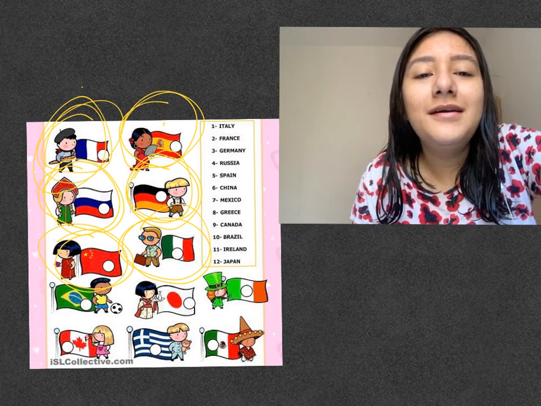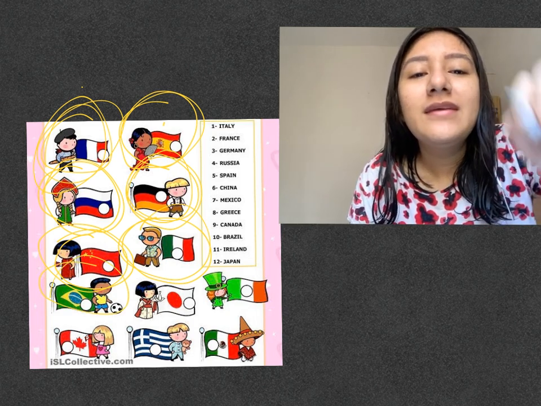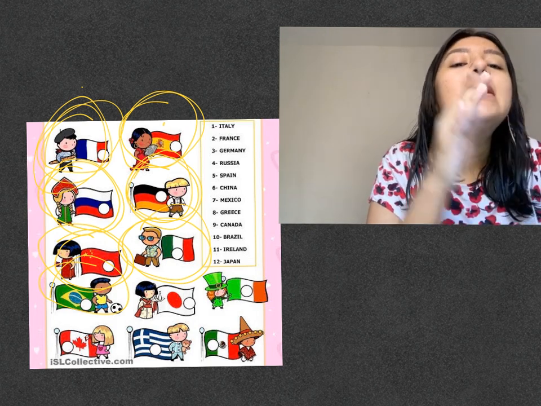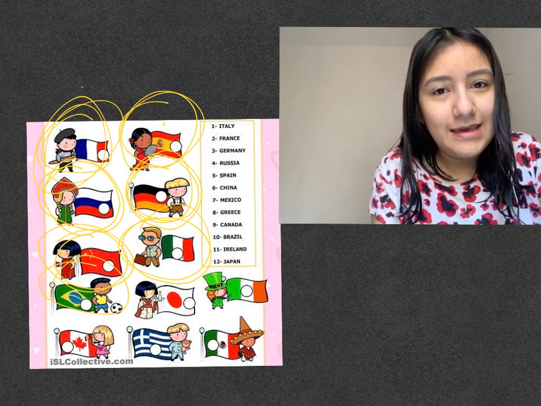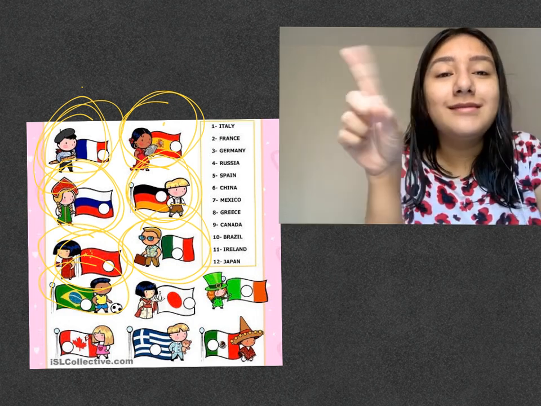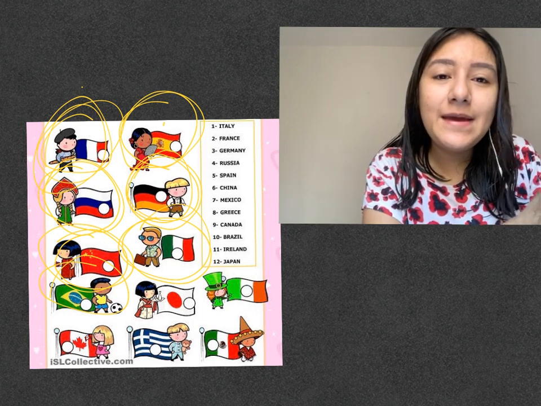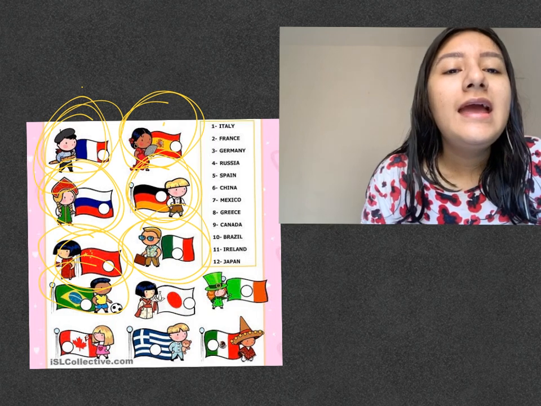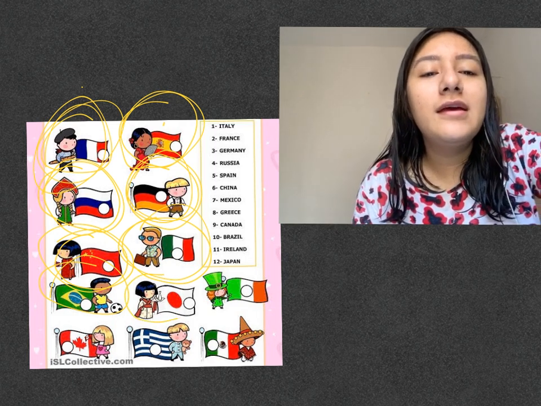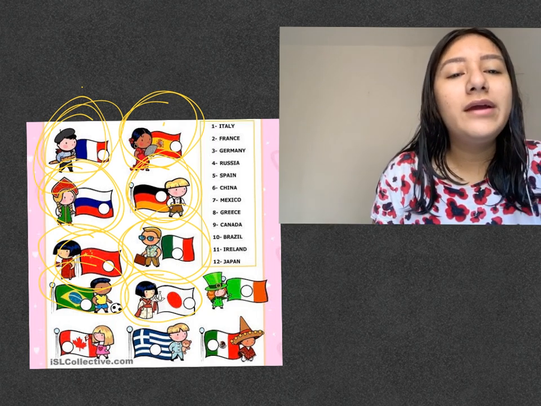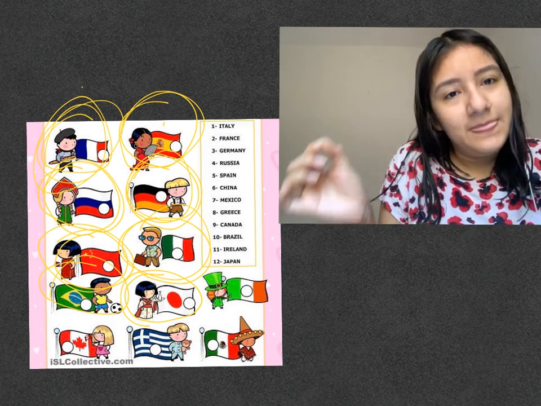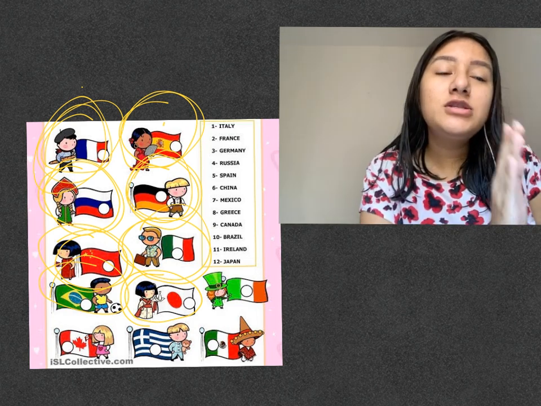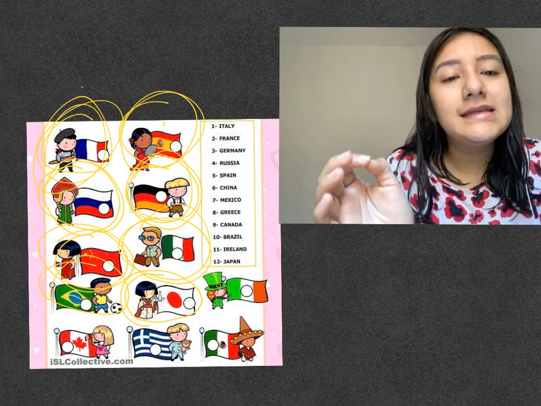Then, if you can see here, that's Brazil. Brazil is a nationality, and Brazilian is the... oh, sorry, the opposite way. Brazil is the country, and Brazilian is a nationality. And the next one with the girl and the white flag with the dot, that country is Japan and the nationality is Japanese.